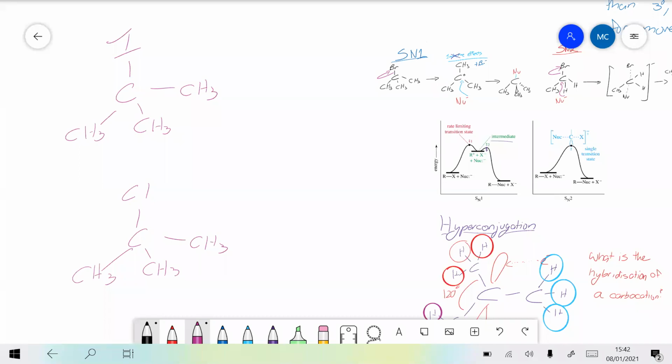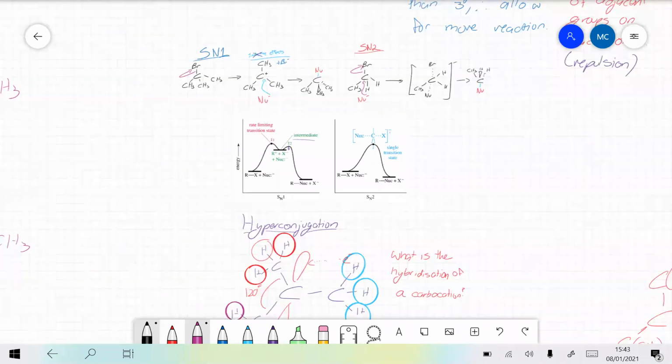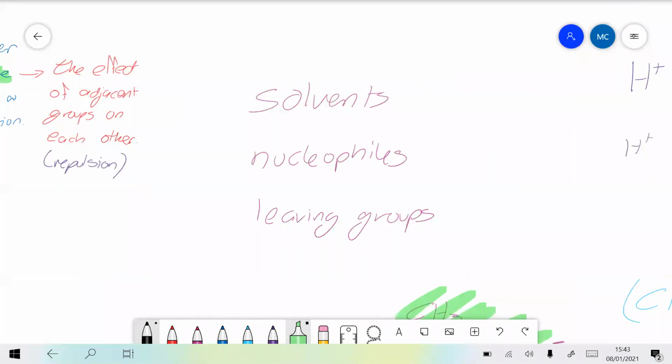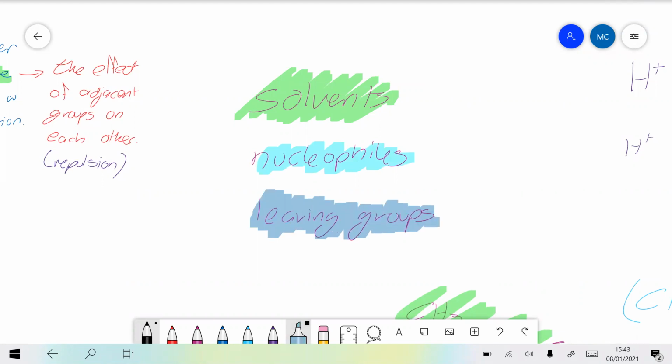Now, of course, when we speak about these effects, these three effects, 1, 2, and 3, it's not going to just be with respect to substitution reactions.